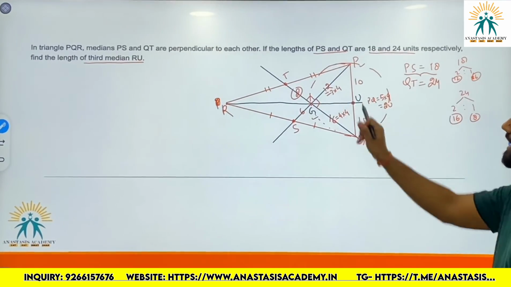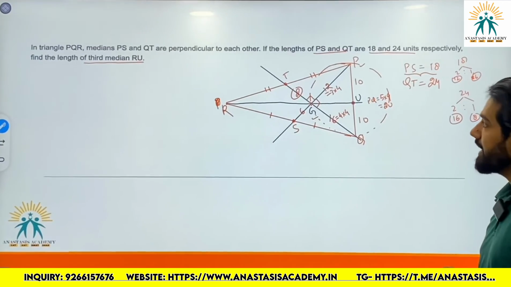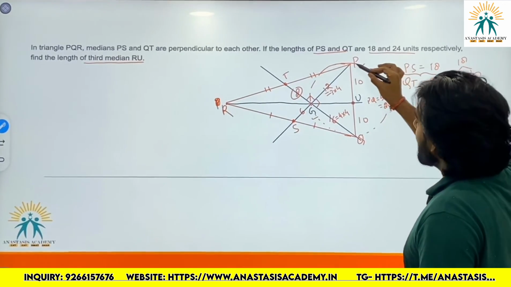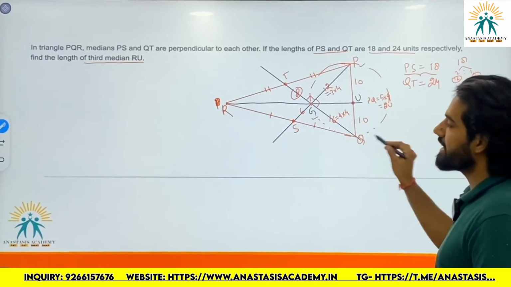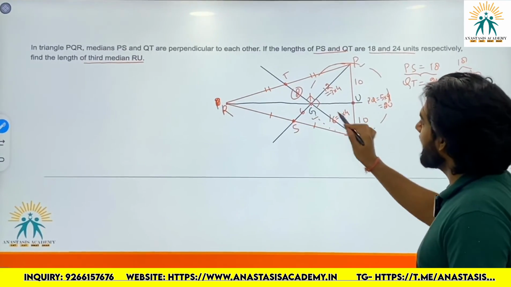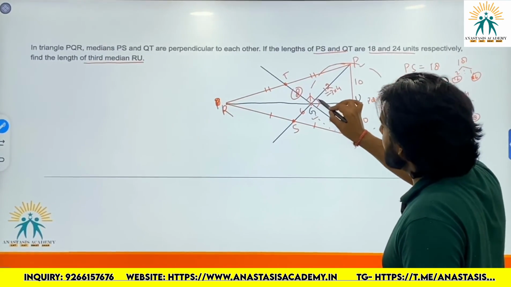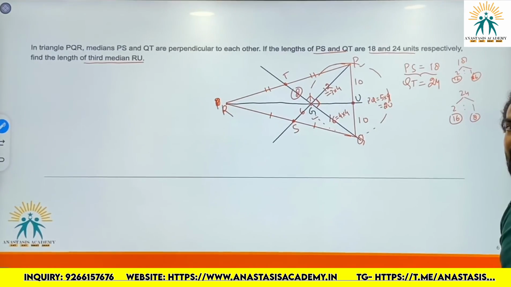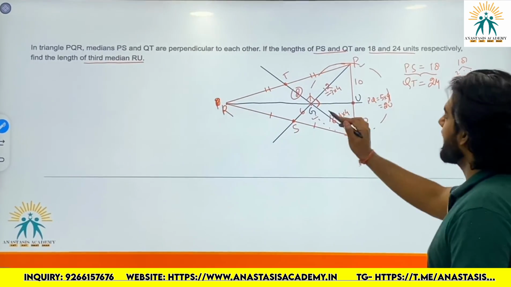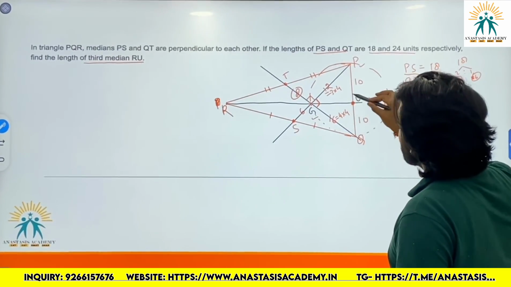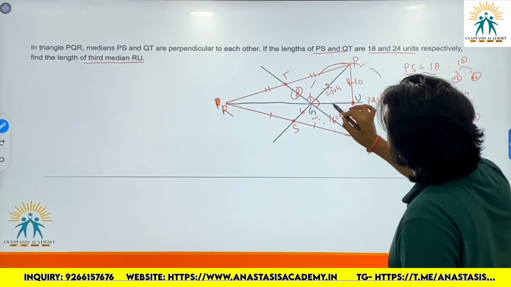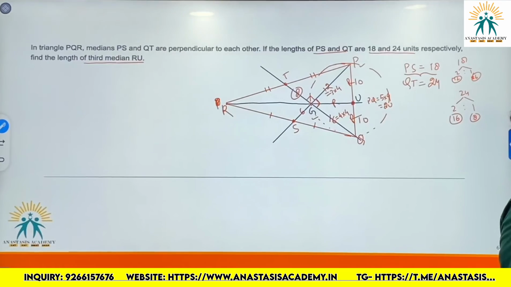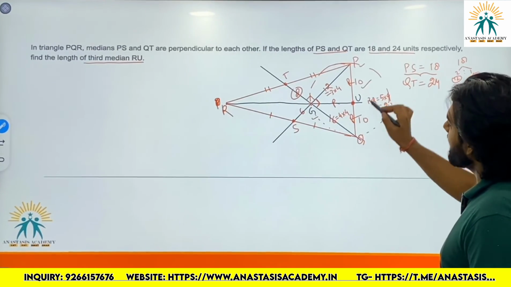Because triangle PGQ is in the semicircle, and a triangle formed in a semicircle is a right angle triangle. So if this is the center, this is radius, this is also radius, and UG is also radius, and the radius is 10 units.